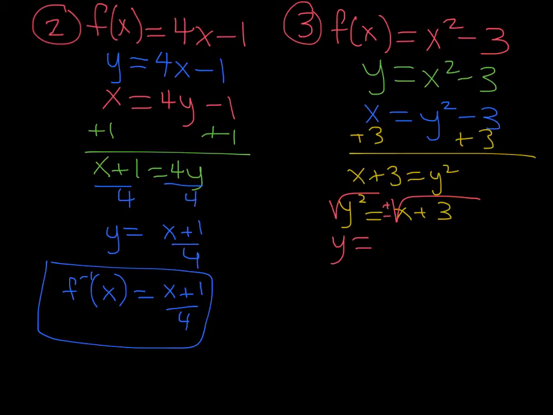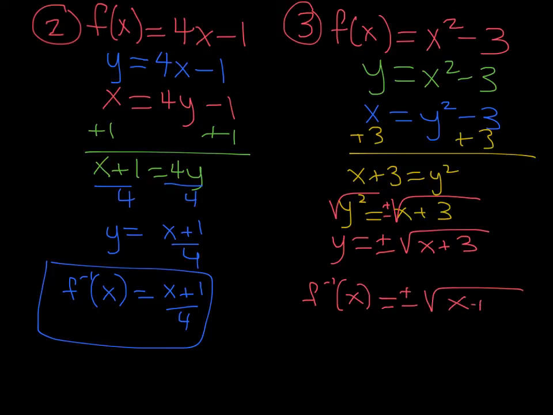So I will actually get y equals plus or minus the square root of x plus 3. And my final answer is going to be written as f inverse of x is going to be plus or minus the square root of x plus 3.